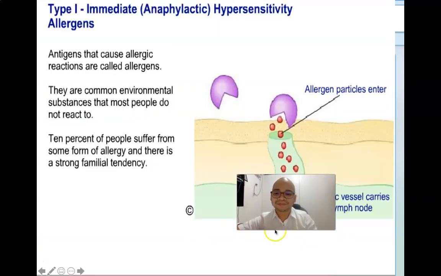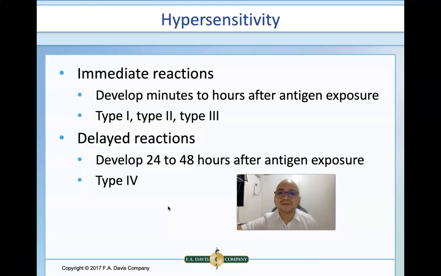It is also noteworthy that types 1, 2, and 3 are antibody mediated, and type 4 is the only one that is cell mediated. In fact, type 1 involves IgE, types 2 and 3 would involve IgG and IgM.